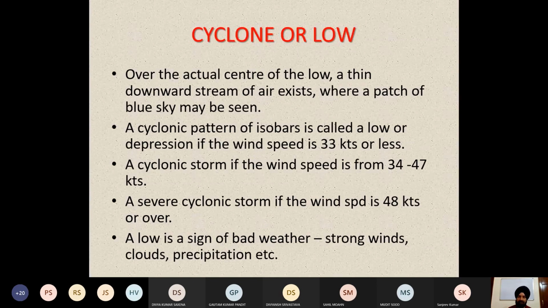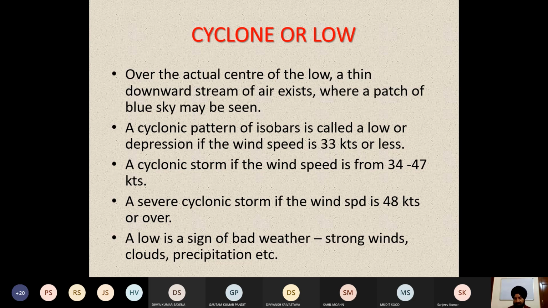Over the actual center of the low, a thin downward stream of air exists where a patch of blue sky may be seen. A cyclonic pattern or isobar is called a low or depression if the wind speed is 33 knots or less. This is the characterization, or naming, of these cyclonic patterns as per their wind speed: cyclonic storm if the wind speed is 34 to 47 knots, and severe cyclonic storm if wind is more than 48 knots.